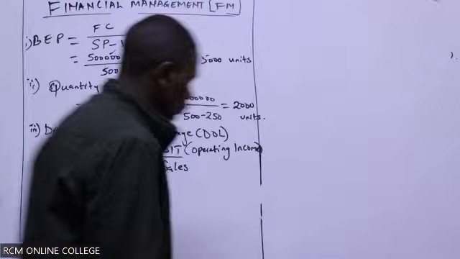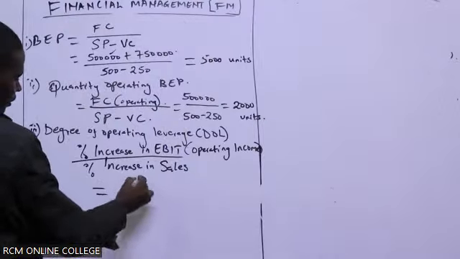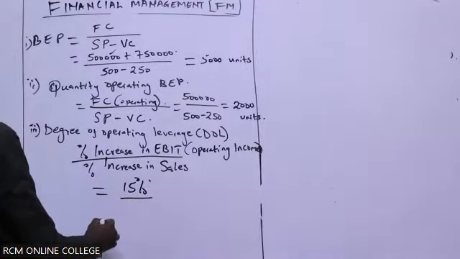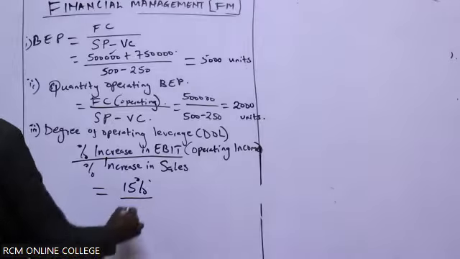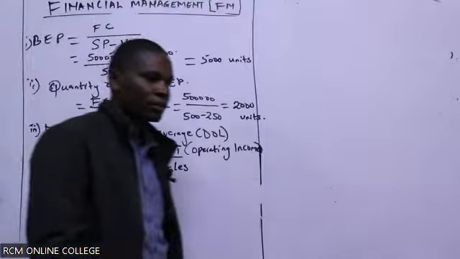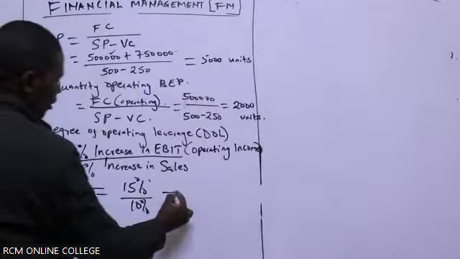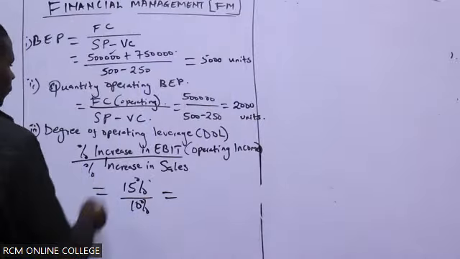Sasa, hiyo unachukua the percentage given. So it will be 15% divided by, ina ingine ina increase na ngapi? Ina increase na 10%. And you are done. So, you give me the degree of operating leverage.